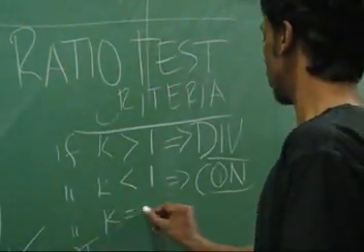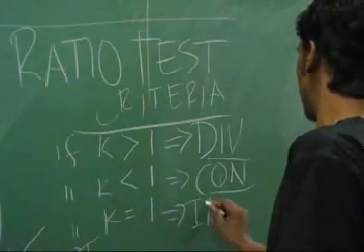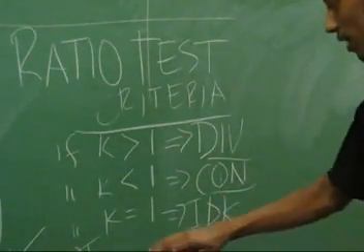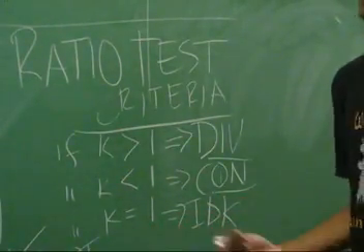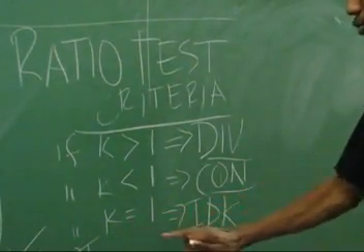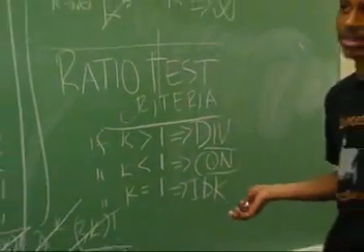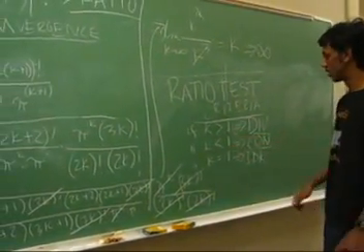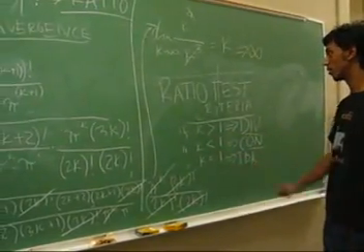If it is equal to 1, you don't know. Literally, if it equals 1, you don't know, and you have to try a different method. So you pretty much have to see if it's greater than 1 or less than 1. Greater than 1, divergent; less than 1, convergent; equal to 1, you really don't know.